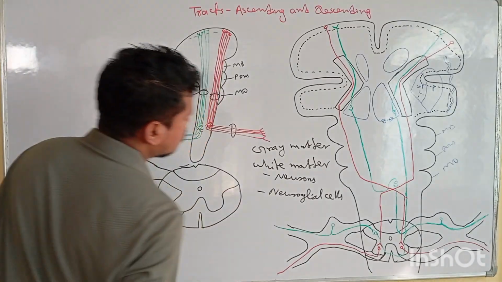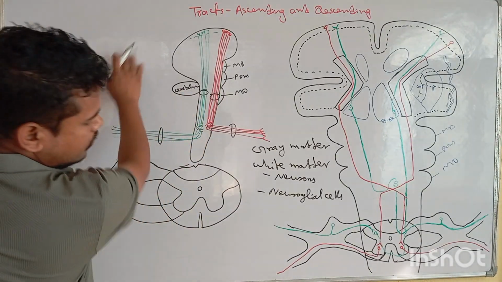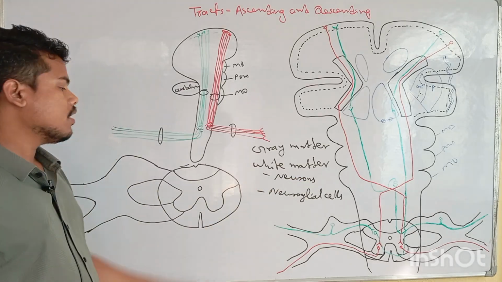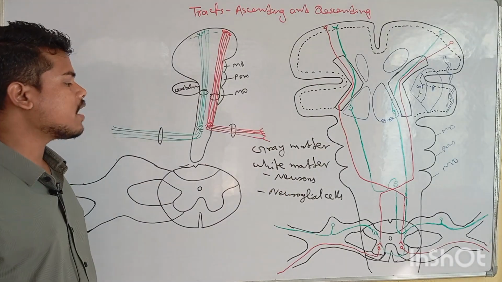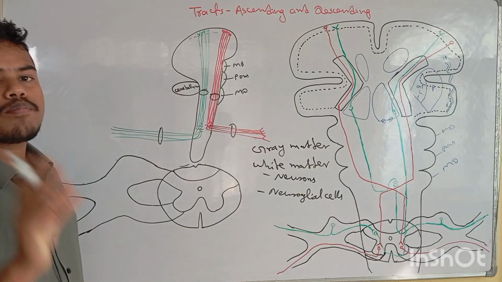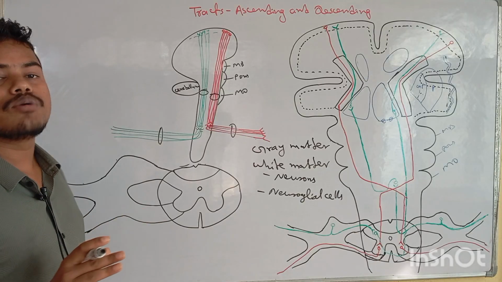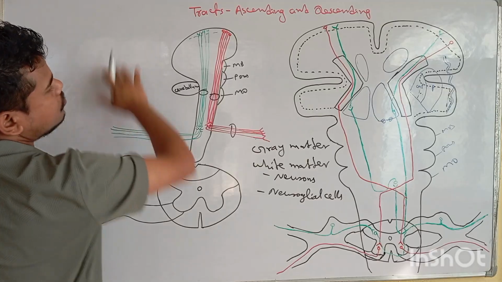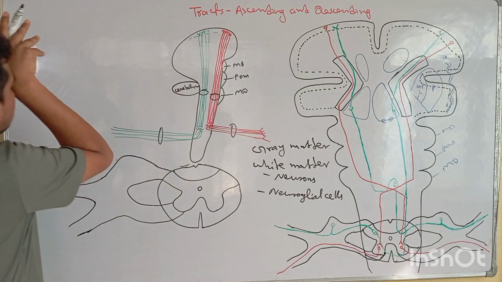So these neurons I will draw, and they are of multiple types: pseudo unipolar neurons, unipolar neurons, bipolar neurons, and multipolar neurons. You have to know this according to the location, and this will be asked in MCQs too.